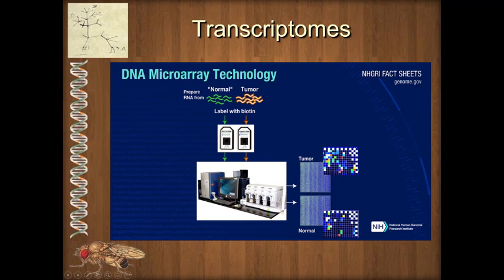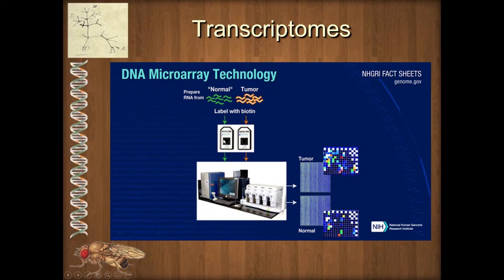And these were originally created by robots, little automated machines that would spot out a little sample of each gene onto each little different part of this plate. And so you could get ones that were entire genomes, you could get ones that were specific for certain processes like cancer or heart disease or others. You get them for many different organisms, but primarily for humans and other major model organisms.